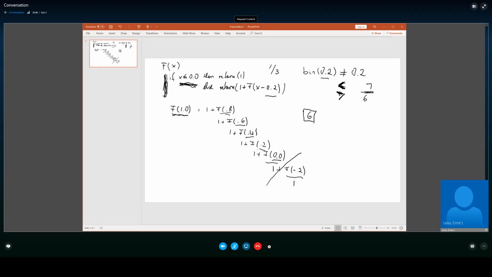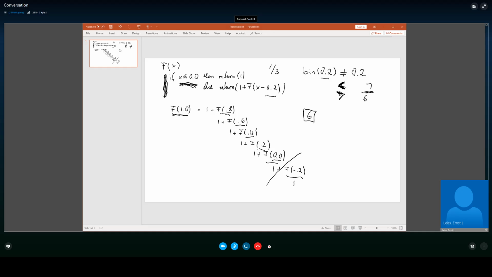Of course, none of you, I submit, has any idea whether the binary representation of 0.2 is less than decimal 0.2 or greater than decimal 0.2.